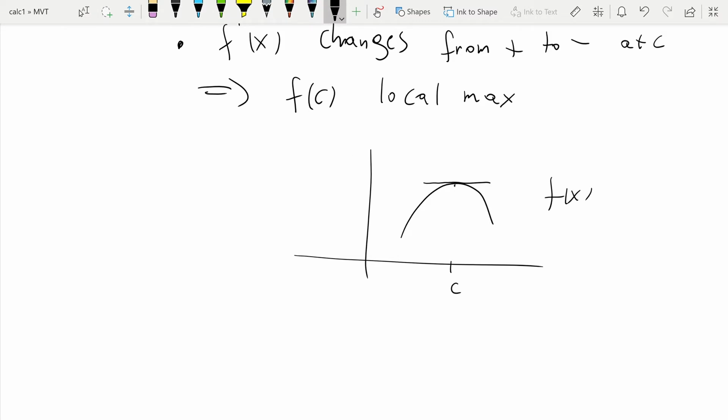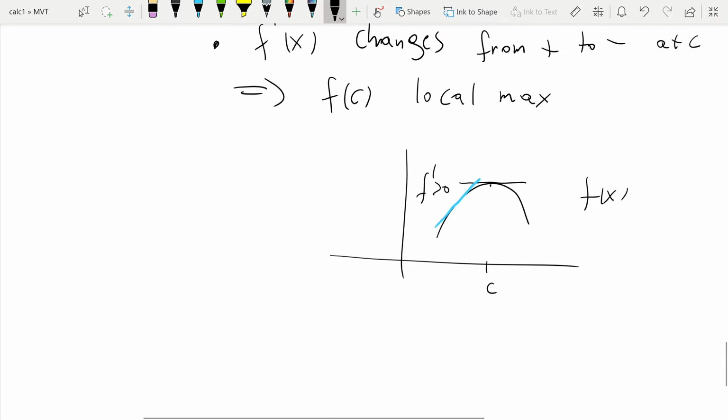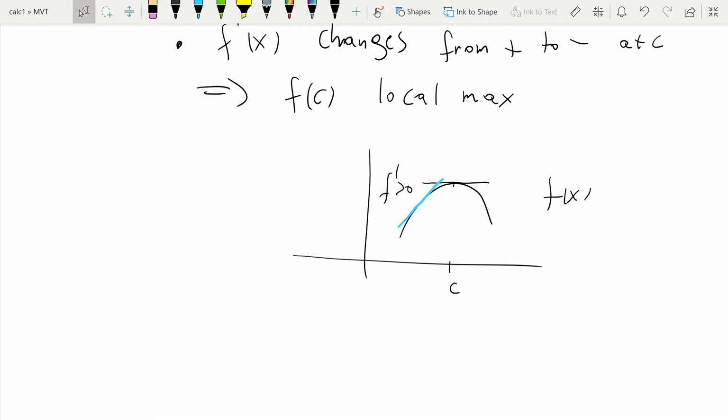Let's look at some slopes here. On the left side of c, the derivative is positive. Remember, the slope is positive, so it's slanted in such a way that the straight line goes upwards.